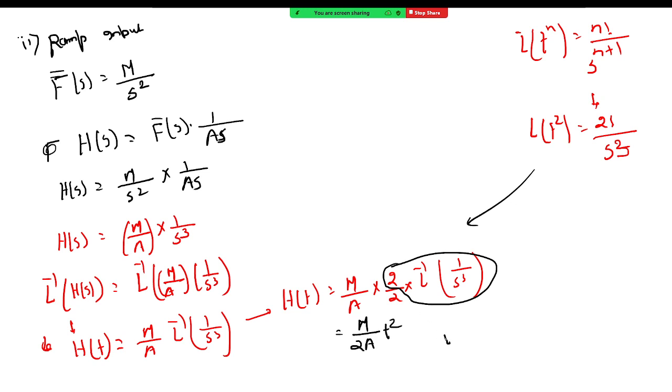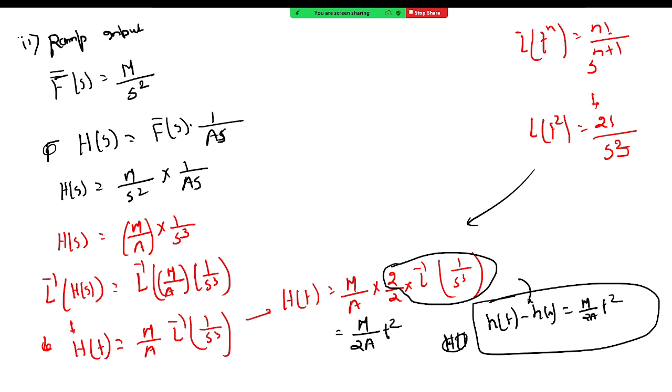So the height of the tank at a particular time minus the steady state height equals M divided by 2A and t square. If the initial steady state height is given, then you can calculate the height of the tank at any particular time, since it is varying with respect to t square.